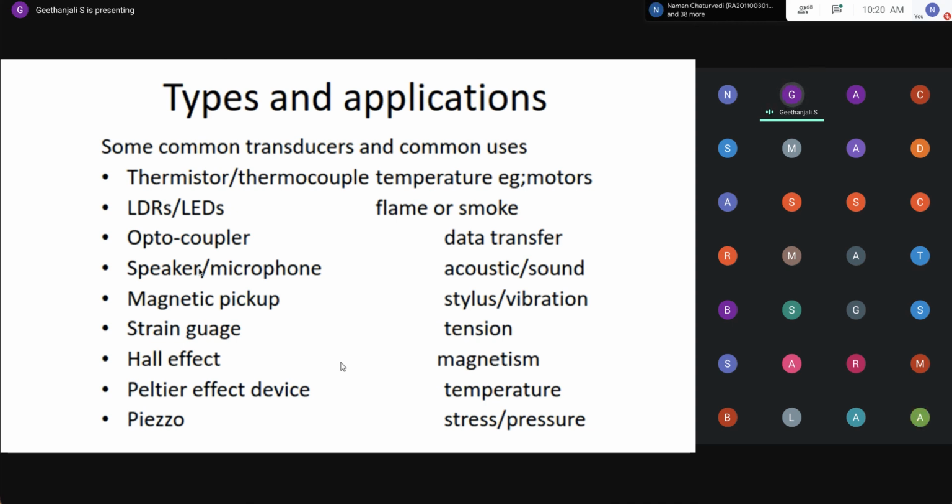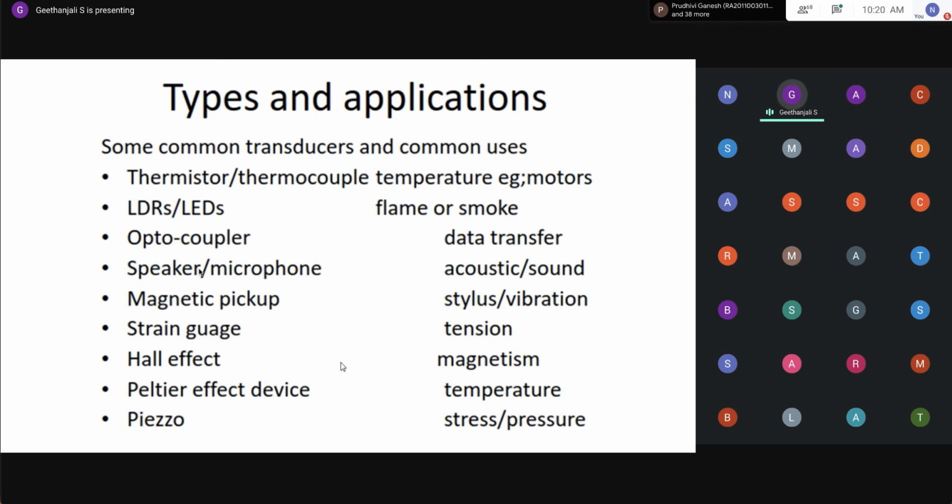Then we conclude with the types: thermistor, thermocouple, temperature. For these two transducers, the example is motors. Then LDRs, LEDs, optocoupler, speaker, microphone, magnetic pickup, strain gauge, Hall effect, piezoelectric effect, flame or smoke, data transfer, acoustic sound, stylus, vibration, tension, magnetism, temperatures.